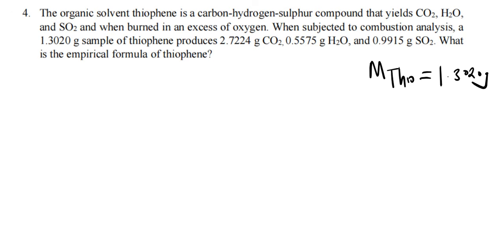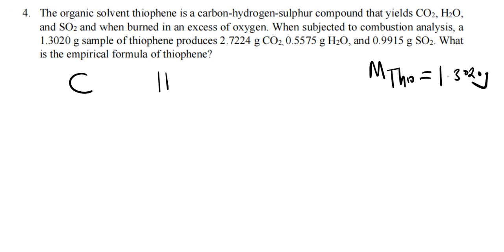Now after you burn it, it produces these ones that we have there. Those are the products. Now we're told to find the empirical formula of this compound. So the carbon, the hydrogen, and the sulfur there.